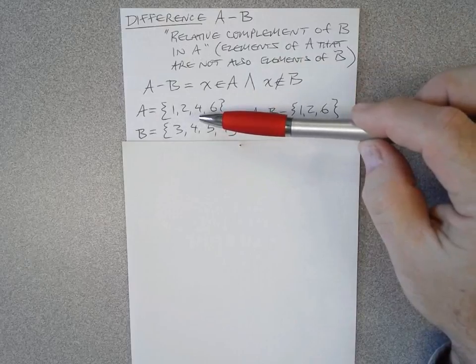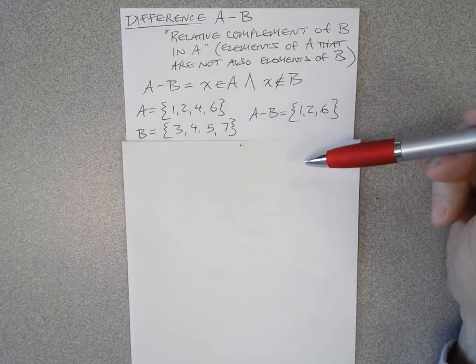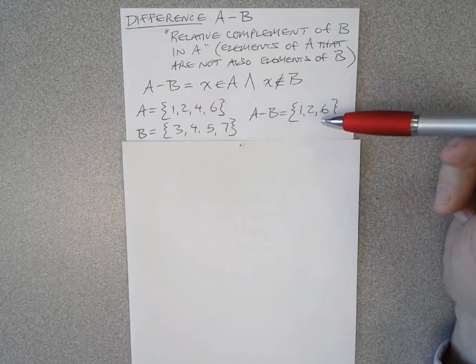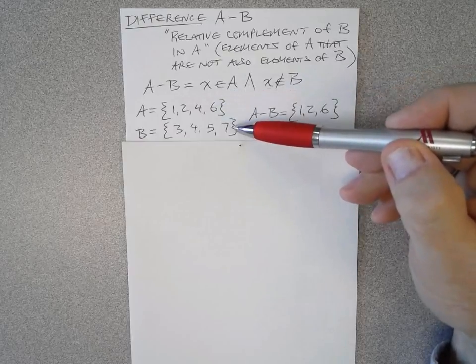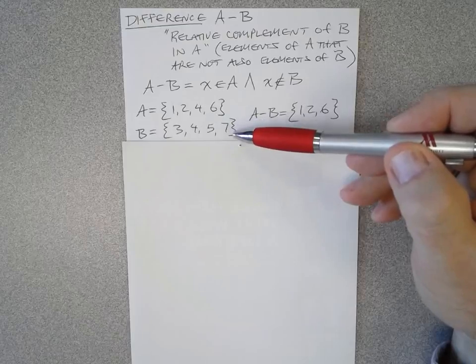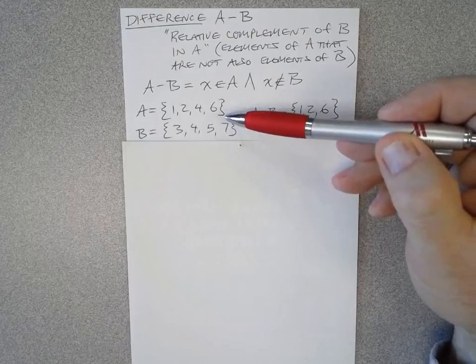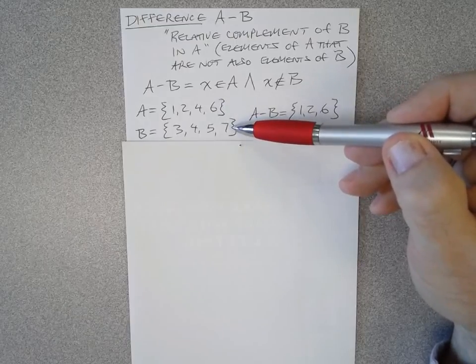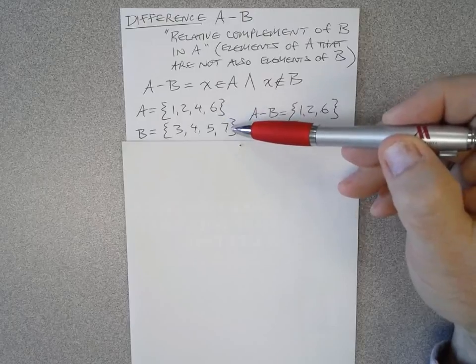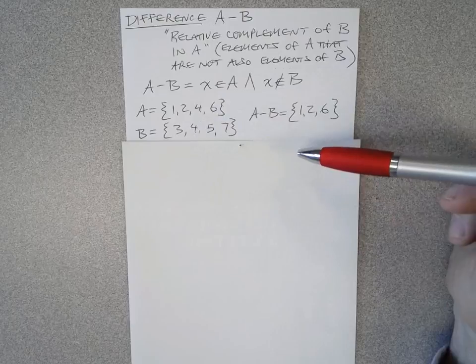Well, 4 is a part of both, so 4 would be removed if we were to take B out of it. You can think of it this way: if these are the 4 math majors and these are 4 computer science majors, and the computer science majors went on a field trip, well, we're going to lose a math major to that field trip. Okay? So by removing B, that affects A because 4 is in the intersection.